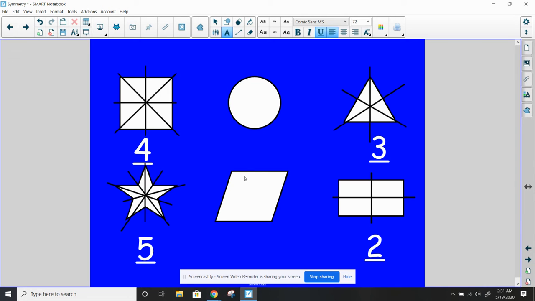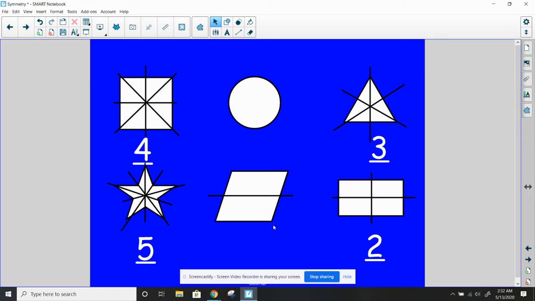Right? So let's go to this parallelogram now and try the parallelogram. Okay? Well, can I draw a line across this parallelogram like this? I'm going to slide it down a little bit. There we go.